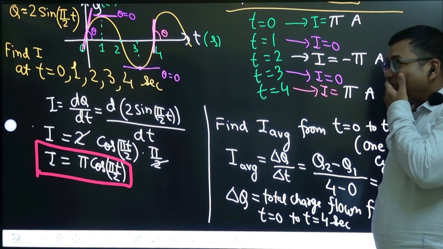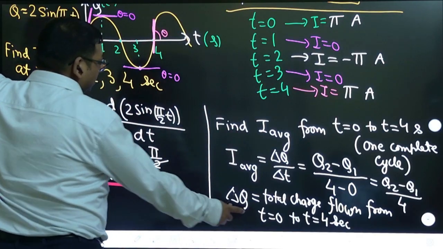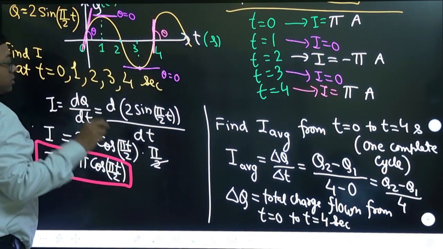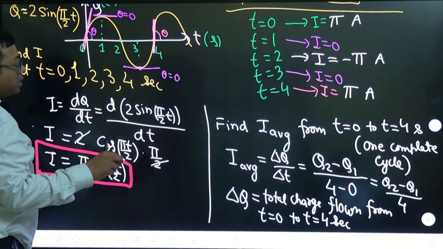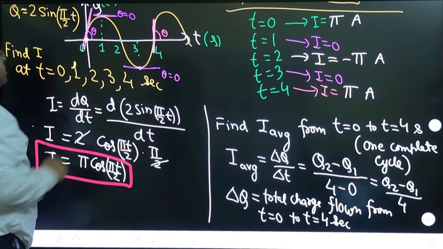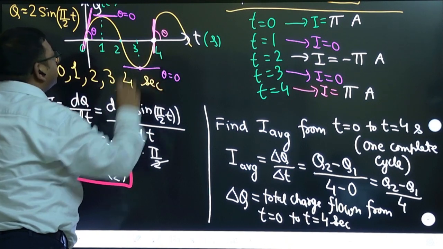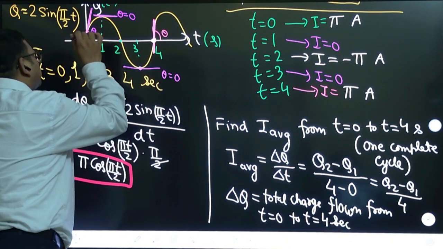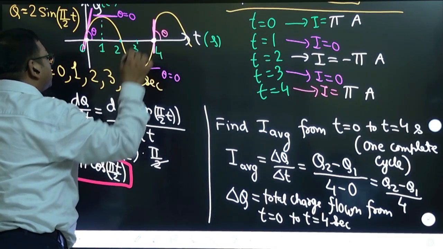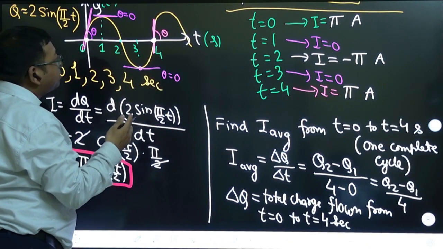Suppose I say this charge q2 minus q1 means charge at 0. Charge at 0 is 0 only, no charge is flowing at 0 second, and charge at 4 second is also 0, right? So overall no charge has flown between them.